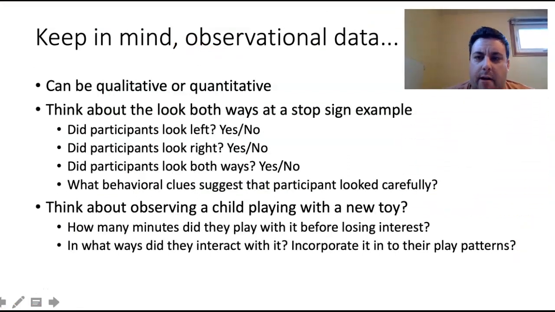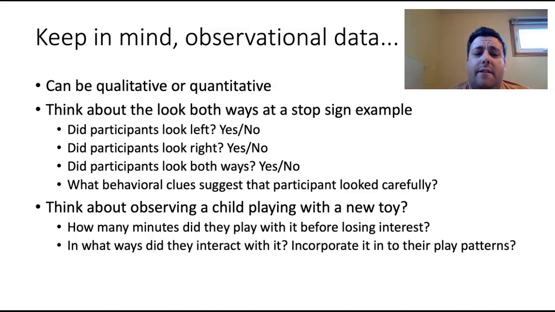So keep in mind, observational data can be qualitative or quantitative. Let me give you a couple examples of that. If we go back to our stop sign example, or I suppose a crosswalk example would work for this as well, we could ask quantitative close-ended kinds of questions. Did the participant look left? Did they look right? Did they look both ways?